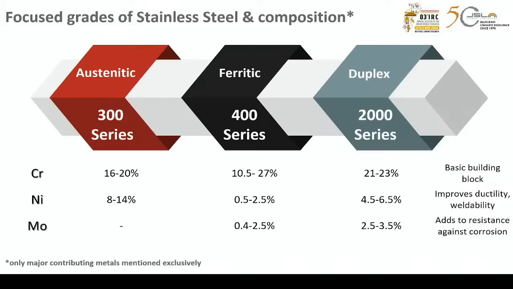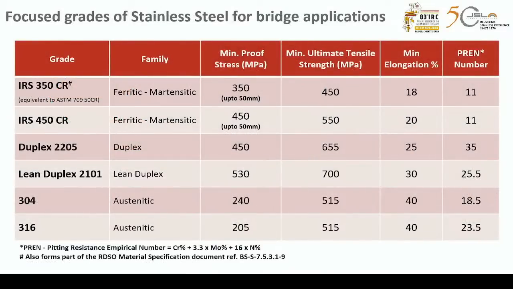I've just shown the major contributing metals, and people with a metallurgical background can cross check: these metals are rarely available. China is the market leader in stainless steel production because they hold maximum reserves of all this, and we are trying to match up with producers in China.